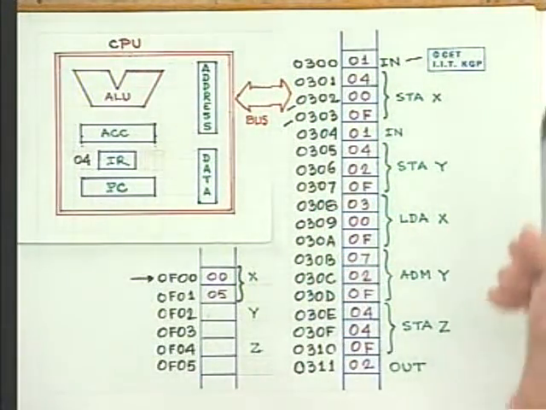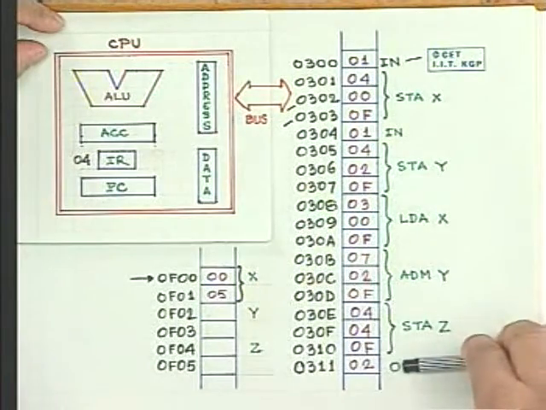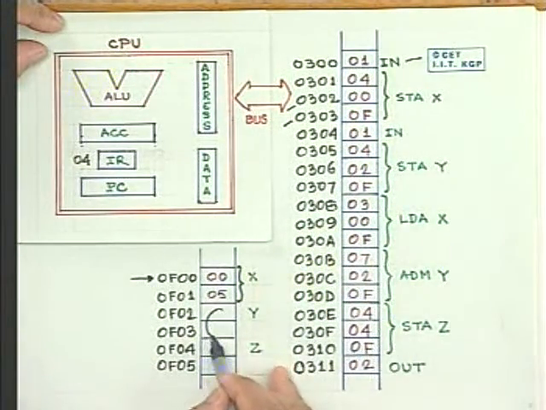Here we have taken that way, one after the other, all these instructions will be executed. Here the store accumulator will store something into that Y.